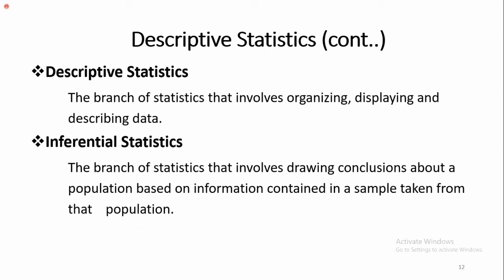Then inferential statistics means using those sample statistics, like sample mean, sample variance, sample standard deviation, sample proportions, to estimate our population parameters such as population mean, population variance, population standard deviation, population proportion, right?